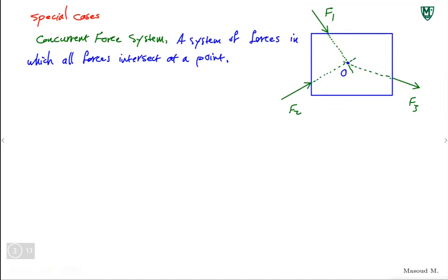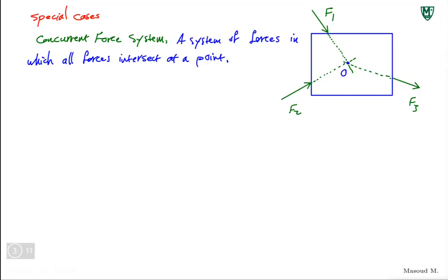Now what happens is that this force system produces no moment about point O. You already know that. We said the moment is created when we have a perpendicular distance between the line of action of a force and the point we are trying to find the moment about. If the point is located exactly on the line of action of a force, no moment is created.